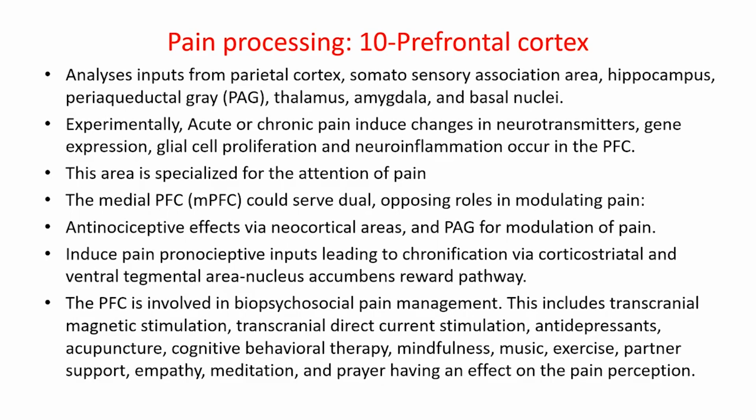It receives inputs from the hippocampus regarding the particular modality of the pain, and the inputs from the periaqueductal gray, the thalamus, the medial dorsal nucleus of the thalamus, amygdala, and the basal nuclei are also analyzed, and accordingly it will provide the information for the execution.